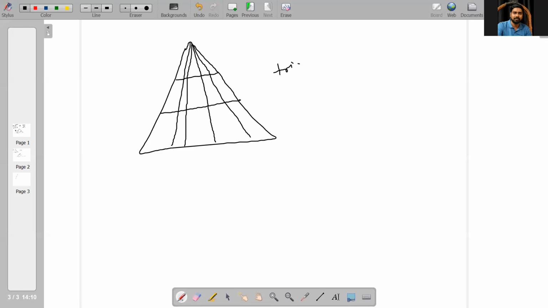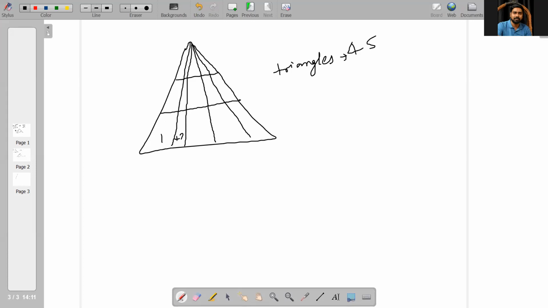Okay. Find the number of triangles in this now. 45. Kavya, tell me, how did you get 45? First of all, I added the number of edges.